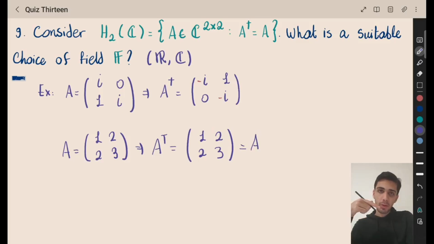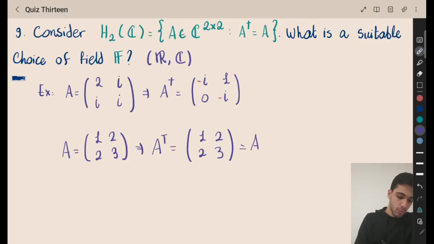Now, if we take this a step further and look at a matrix like this one, then this matrix is a very specific matrix. It's very difficult to find a matrix which satisfies this property.